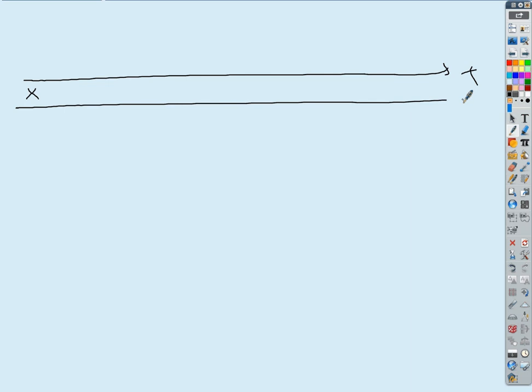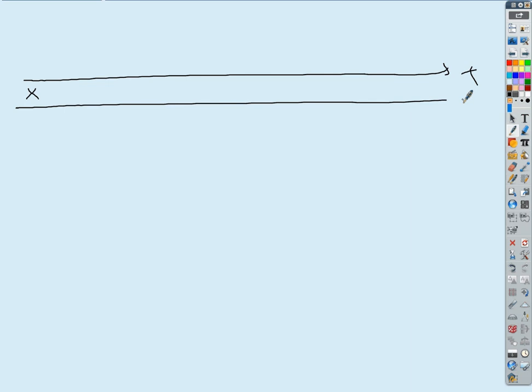This is my x row. Oh, let's back up. Think of that as being the x-axis. I'm going to put a row in my table for x values.